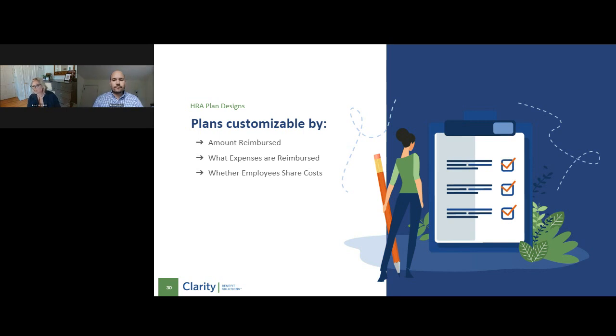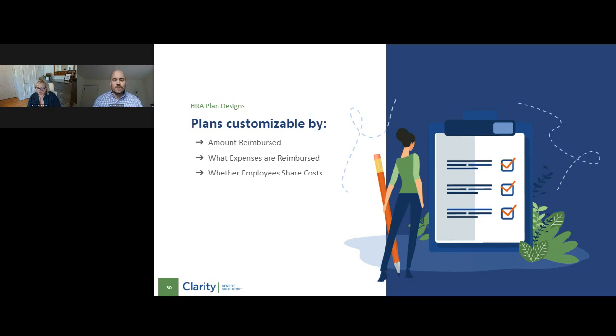So, Eddie, talk to us a lot about the aspects of plan design. Yeah, so we touched on this briefly earlier, but we'll talk about it again. This is where the beauty of HRAs is that it's not a one-size-fits-all. It's not cookie cutter. Each employer can craft this towards their needs to fit their benefit goals, their financial goals, so they can determine how much funding is available.